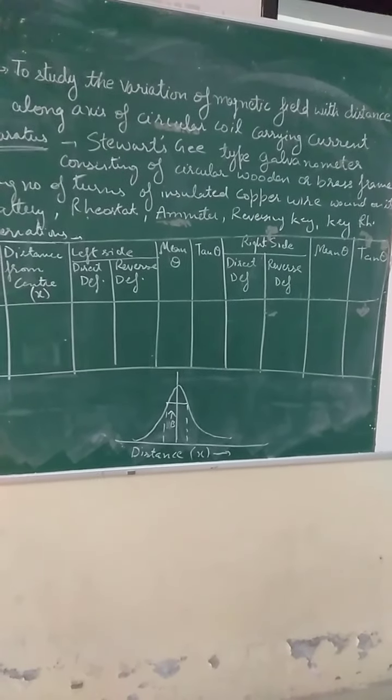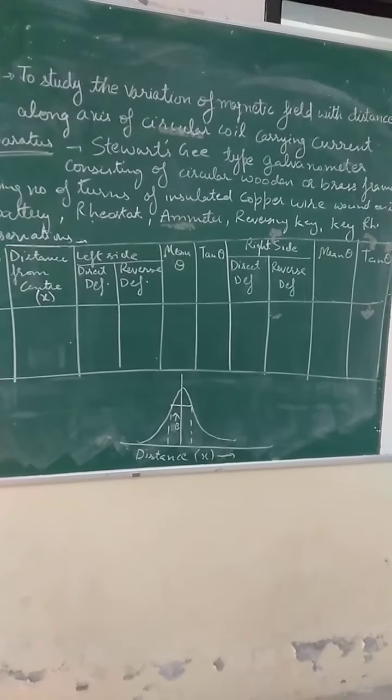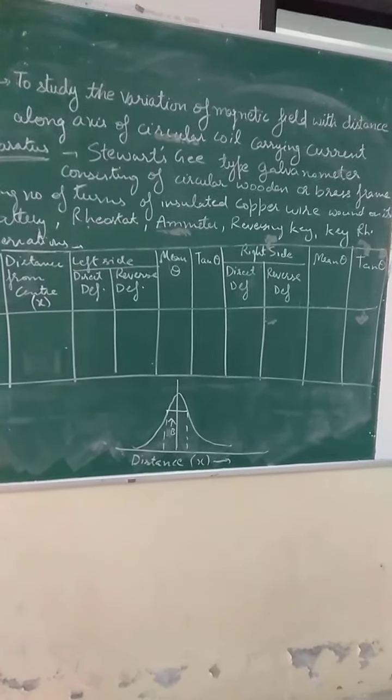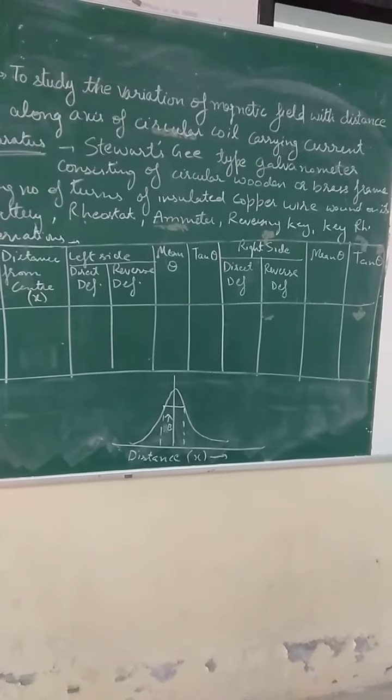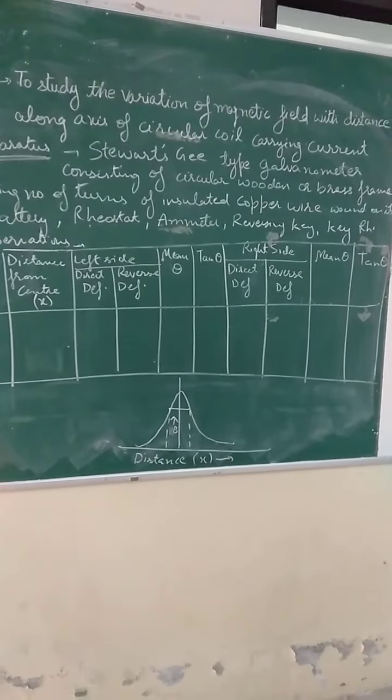Along with that I have two deflections, direct and reverse. The mean of direct and reverse will be theta, and for that theta I trace the tangent value, that is tan theta.